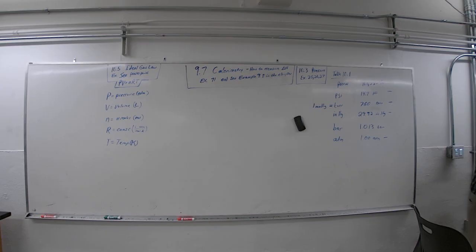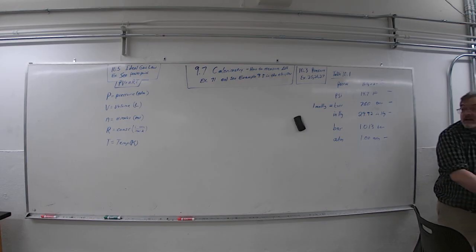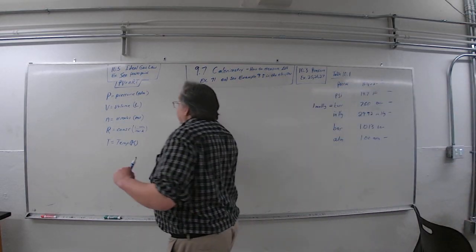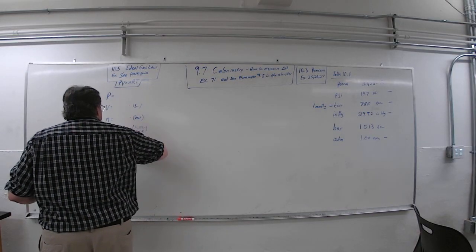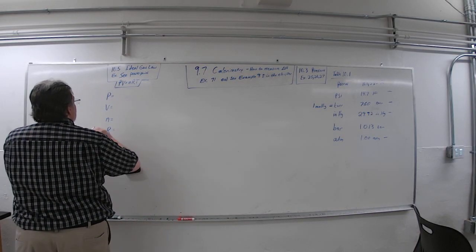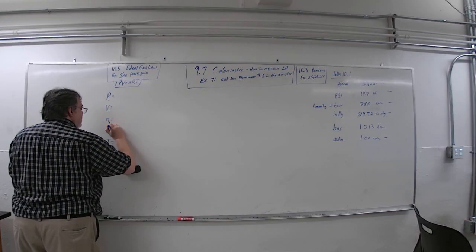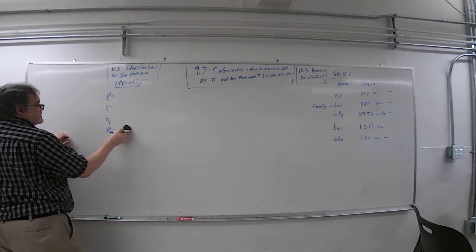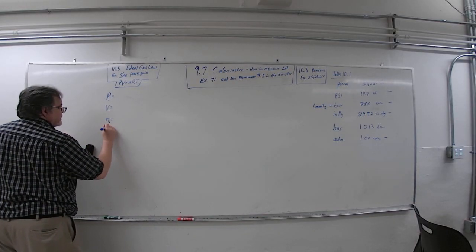Calculate the final pressure of the gas if the volume is decreased to 1.20. Here's what you do when you have these types of problems. R is never changing. Let me get that out of the way for a bit.